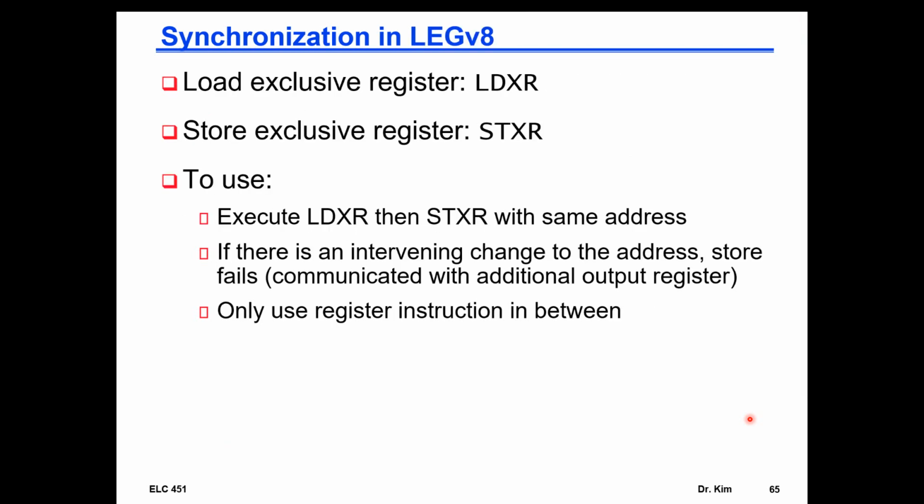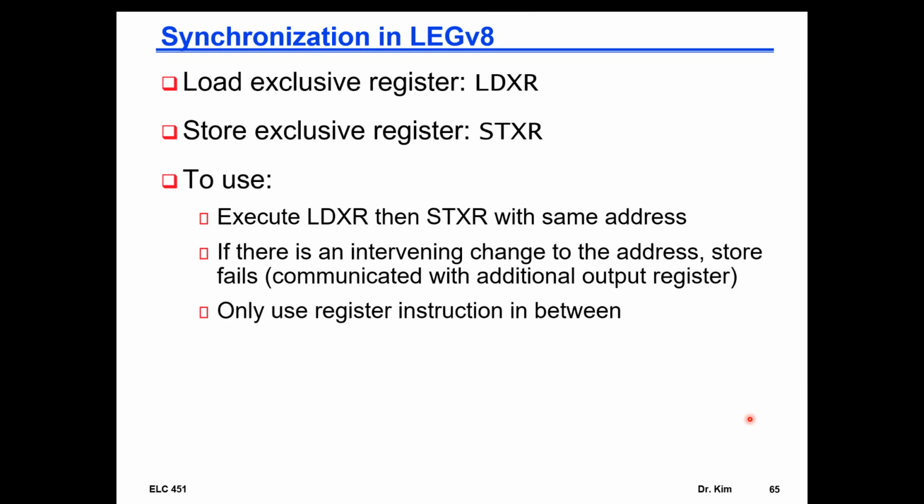So what type of instructions do we have in this ISA that we are studying? We have a load exclusive register and a store exclusive register, and those are the mnemonics. To use these instructions, we execute the load and the store with the same address.